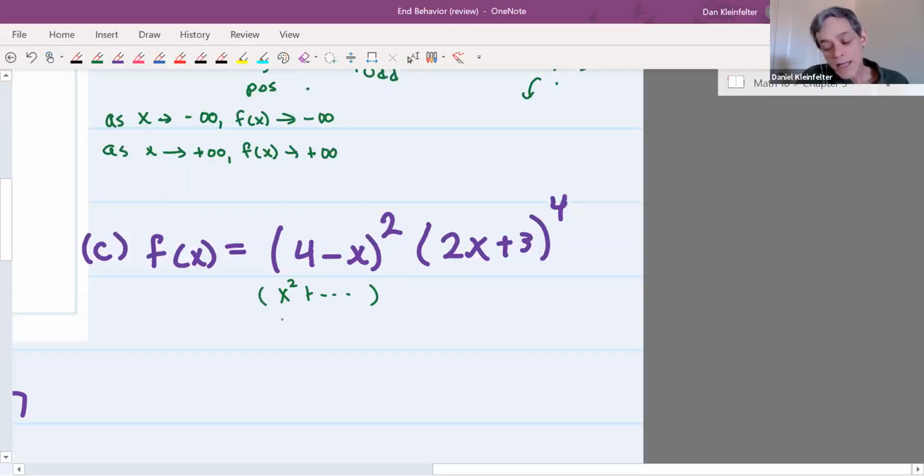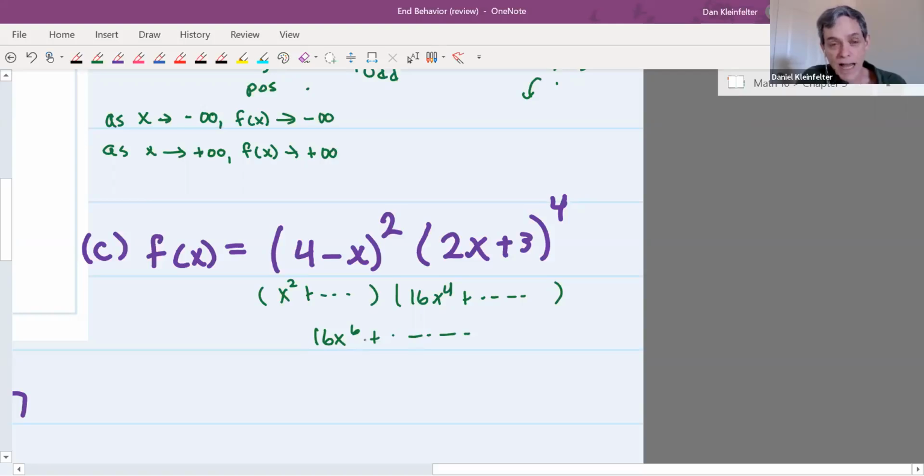Okay. This part, the 2x plus 3 to the 4th power, if we multiply all of that out, we're going to end up with a 16x to the 4th power plus a bunch of other stuff. When we multiply that together, we're going to end up with a negative 16x to the 6th term plus some other stuff.